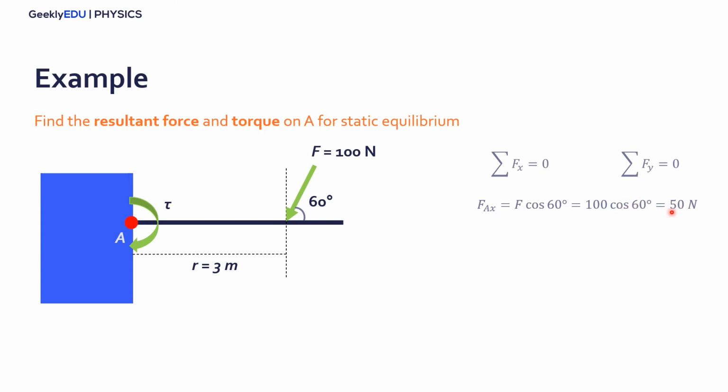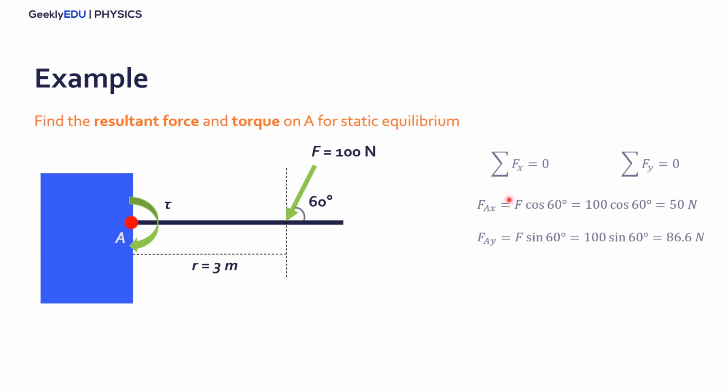That's 50 newtons to the right. This component of the force is pointing to the left, so the reaction must be pointing to the right. The same thing for the y direction. Now it's F sine of 60 degrees, which is 100 times sine of 60, and that's 86.6 newtons pointing up. Because this component of the force is pointing down, the reaction must be pointing up.